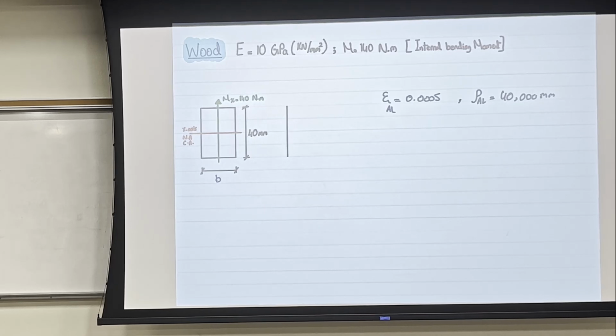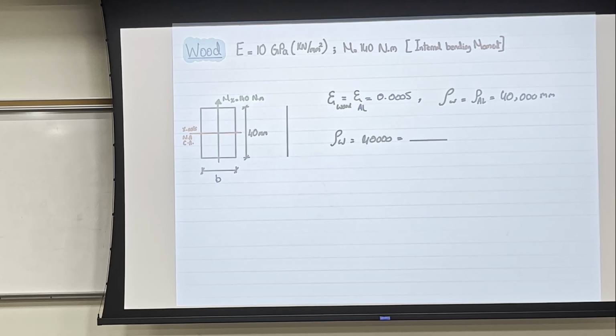So I'm going to say now that the epsilon for wood is equal to epsilon for aluminum, and the rho for wood is equal to rho for aluminum. So now the rho of wood, which is the radius of curvature of wood, is equal to 40,000, which is equal to the equation EI over M.